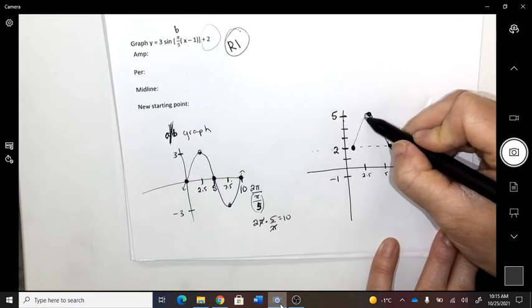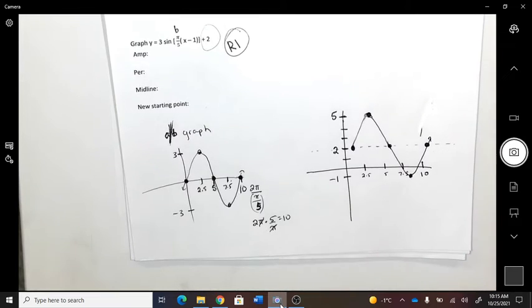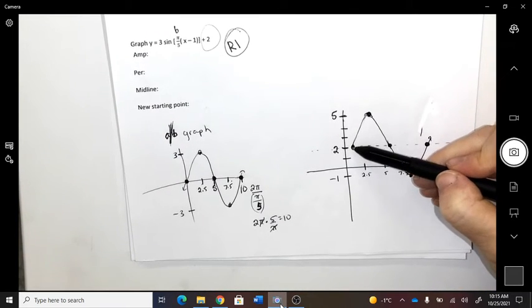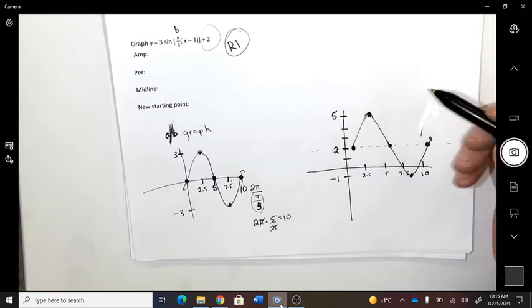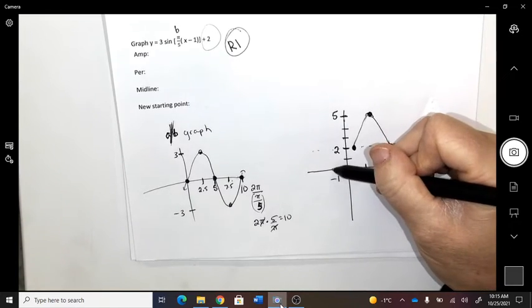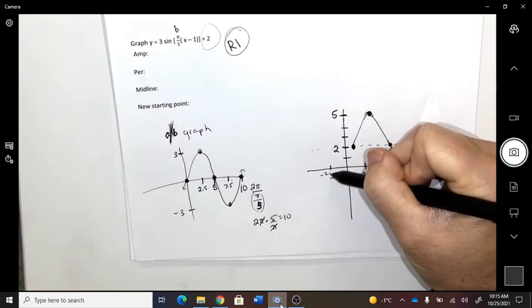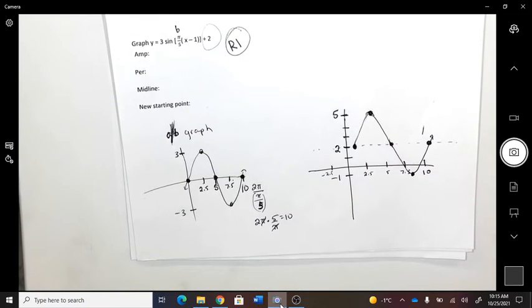Can we work to get another coordinate? What's the coordinate before this one? We'd be going to the bottom, right?